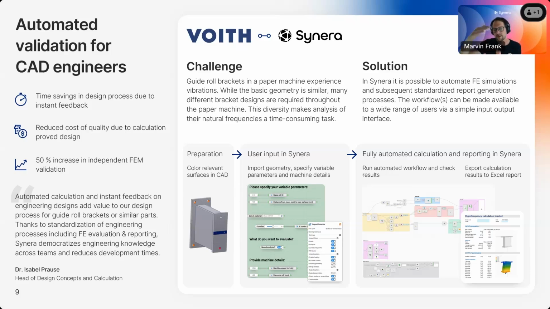A small bracket needs a smaller element size, a larger one needs a larger one, and so on. So they set up this logic and then just feed in all these brackets so they can be calculated automatically. From their side, that was a huge success because they can automate this process, and it is a big time-saving factor, especially for this repetitive task.